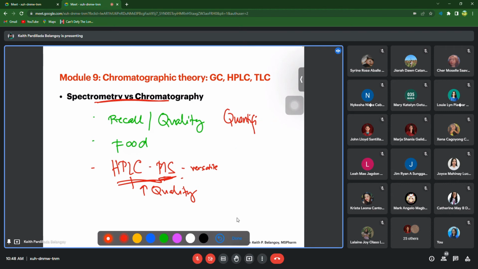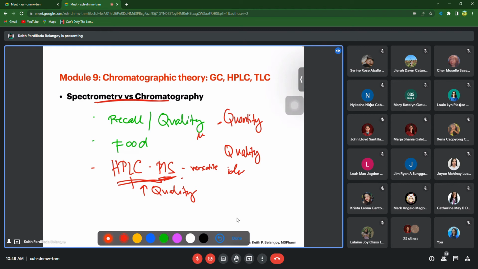Sorry, it should be quantity and qualification. Quantity and just quality. Okay. So looking at it, quantity refers to numerical values, and quality is simply knowing or identification.